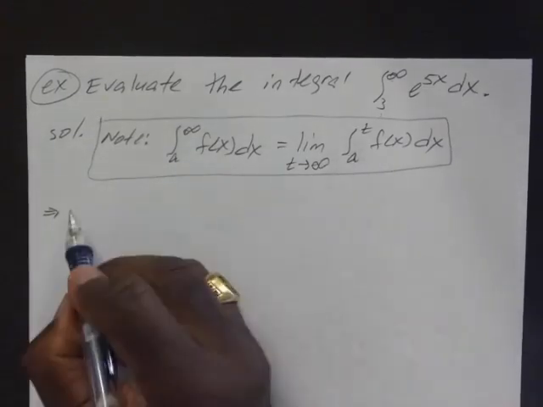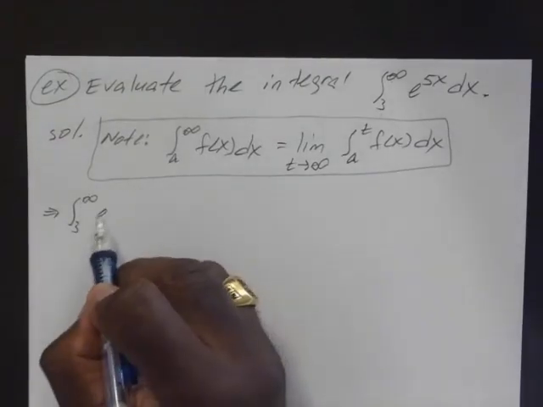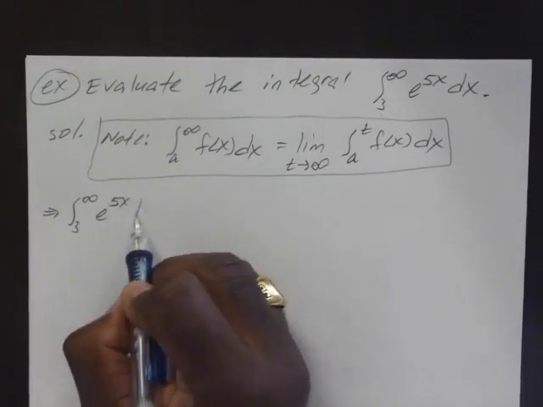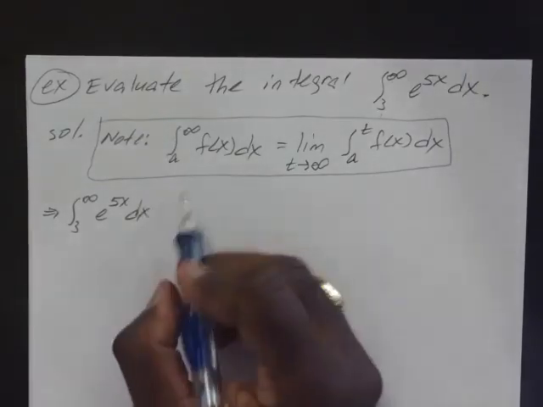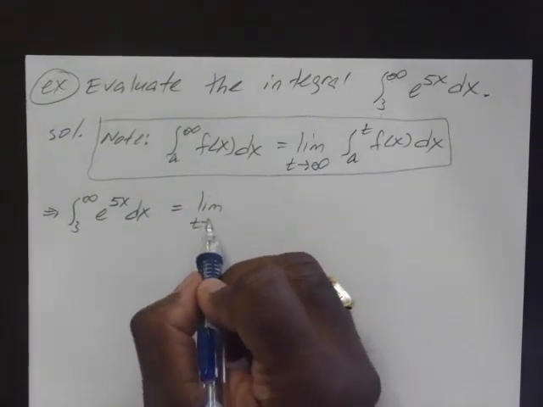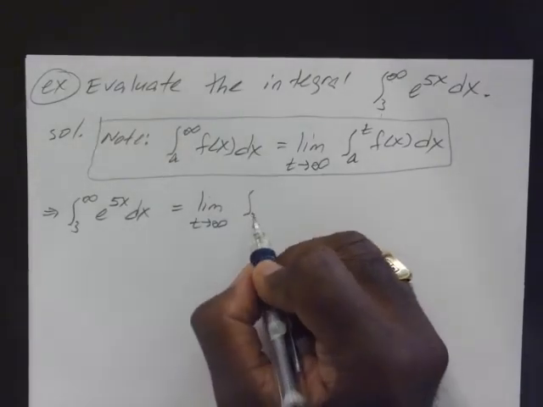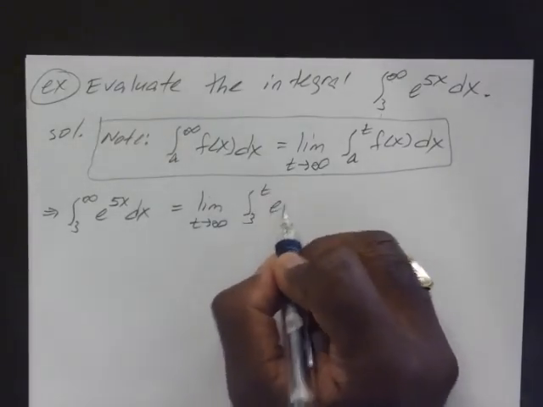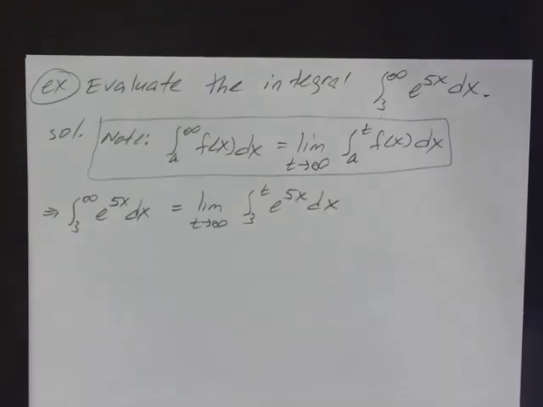So that means our integral from 3 to infinity of e to the power of 5x with respect to x, we're going to rewrite as the limit as t approaches infinity of the integral from 3 to t of e to the power of 5x with respect to x.